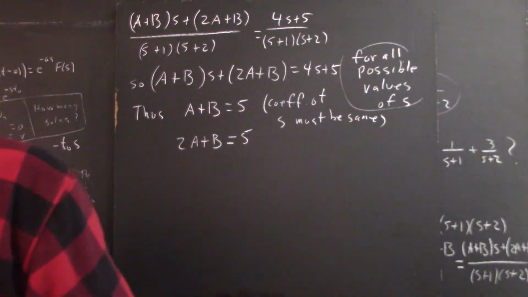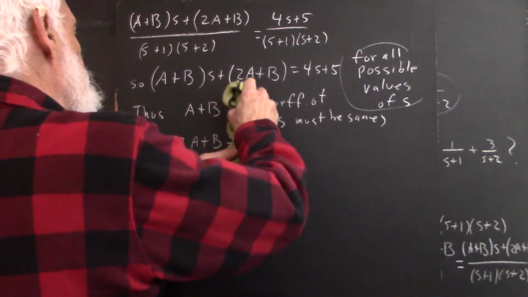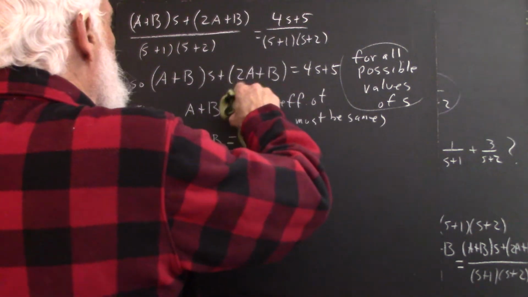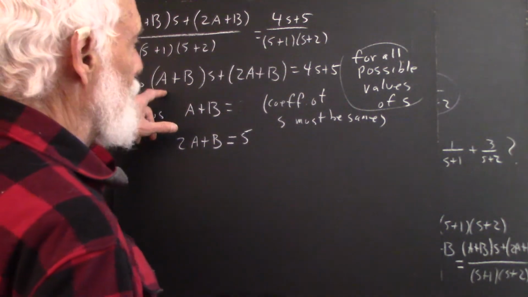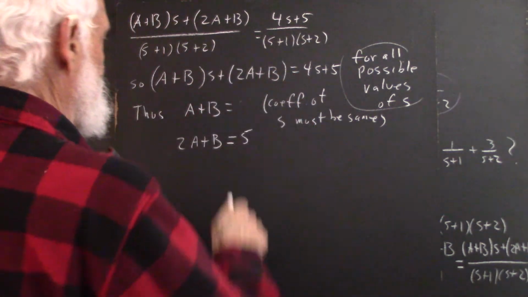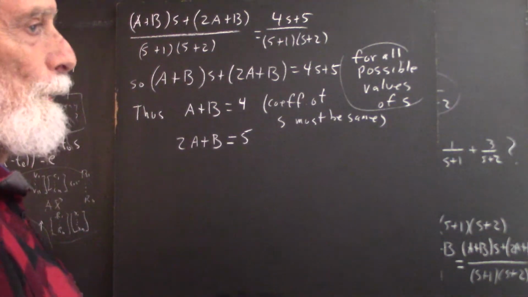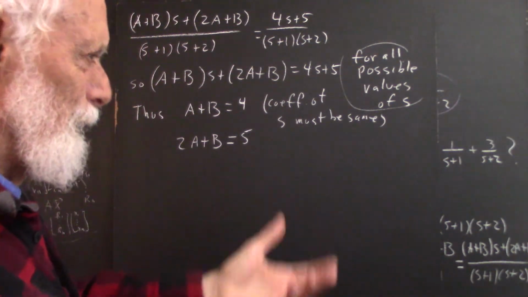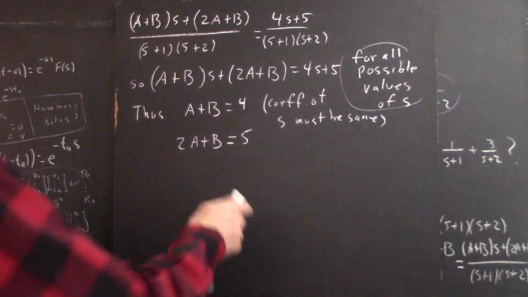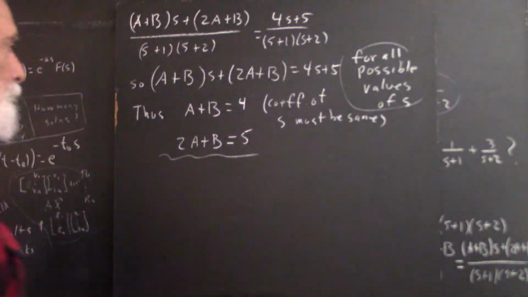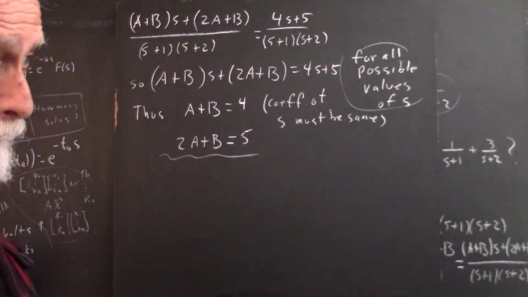Now I said 5 because I'm incapable of clerical operations, but it should be 4. So obviously the coefficient of s is 4, not 5. So I do differential equations fine, but the clerical part, no. Okay, so anyhow, a plus b is 4, 2a plus b is 5.